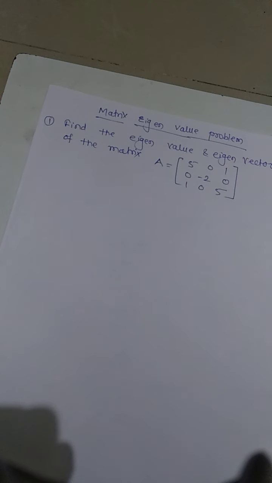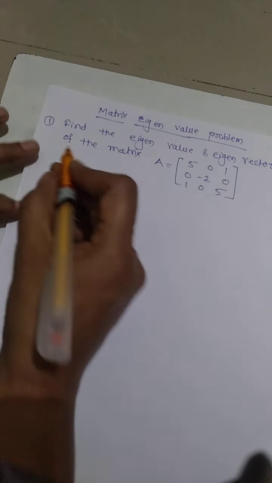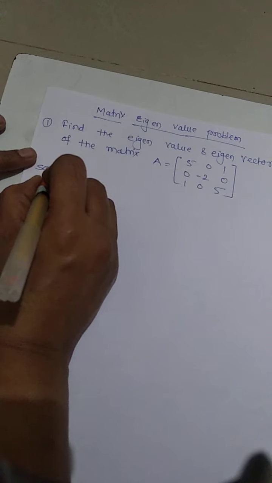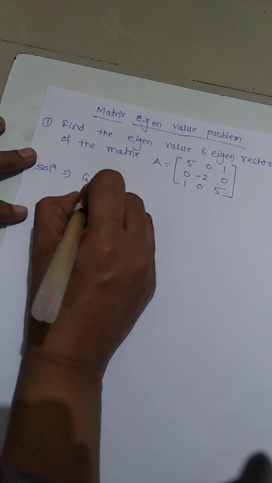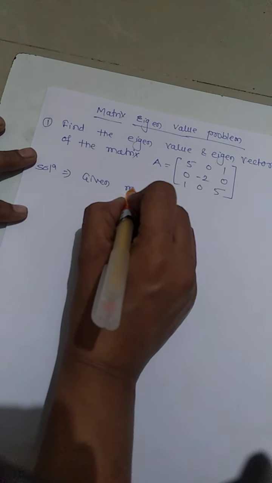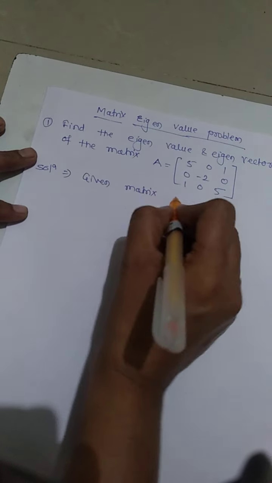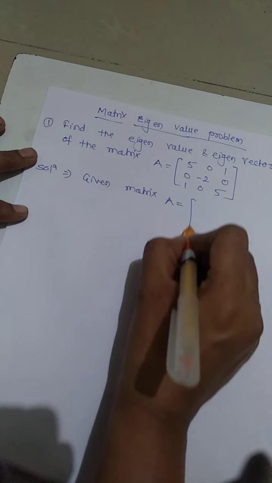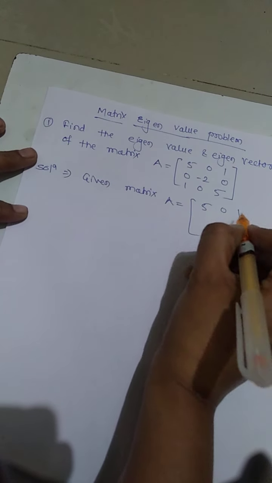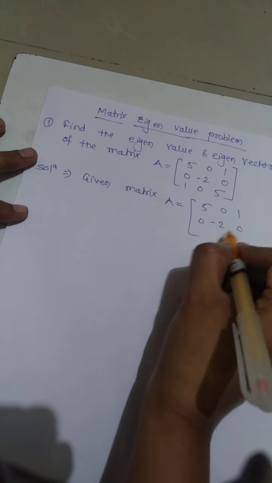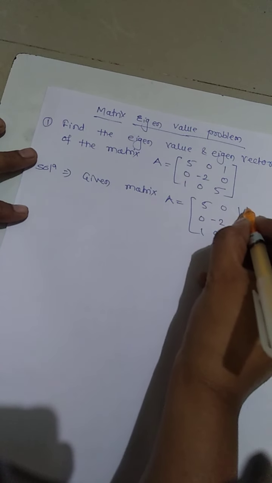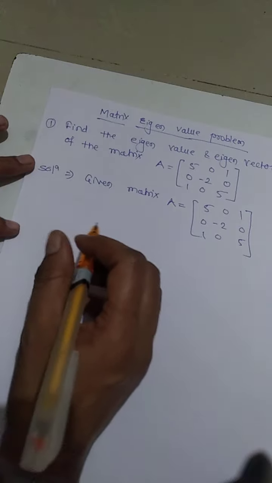Solution. First write the given matrix. A is equal to [5 0 1; 0 -2 0; 1 0 5].